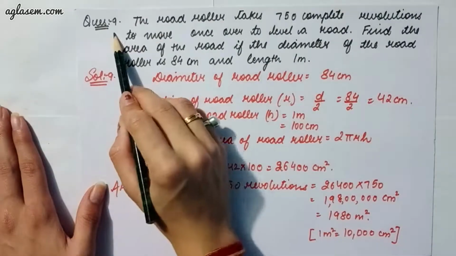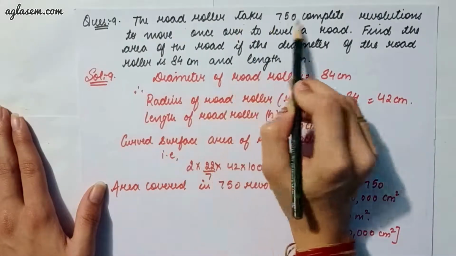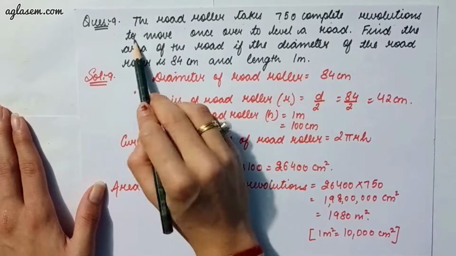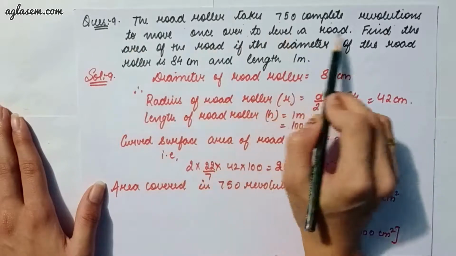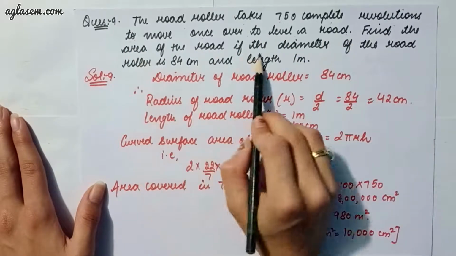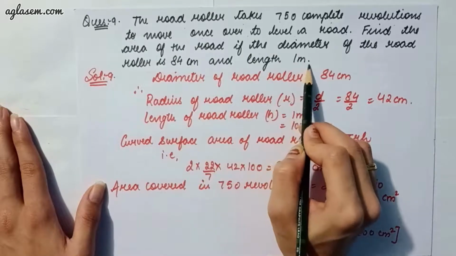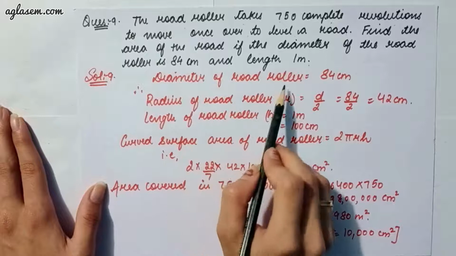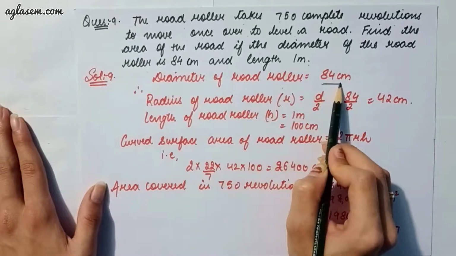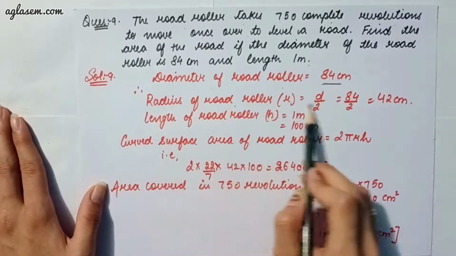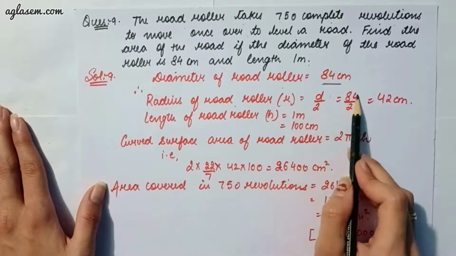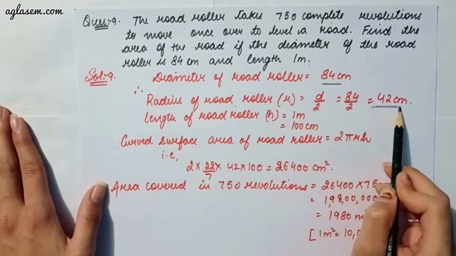Moving to our 9th question, which says a road roller takes 750 complete revolutions to make once over to level a road. Find the area of the road if the diameter of the road roller is 84 centimeter and the length is 1 meter. So it is very easy. The diameter of the road roller is 84 centimeter, which is given to us, and the radius is d by 2, which is 84 divided by 2, which will be 42 centimeter.